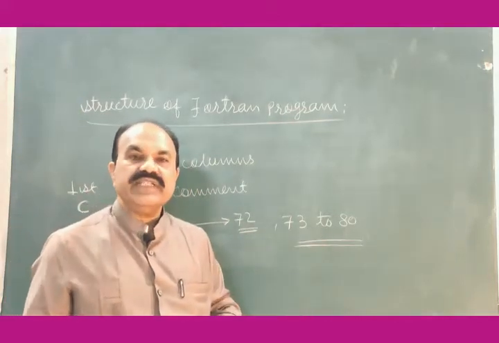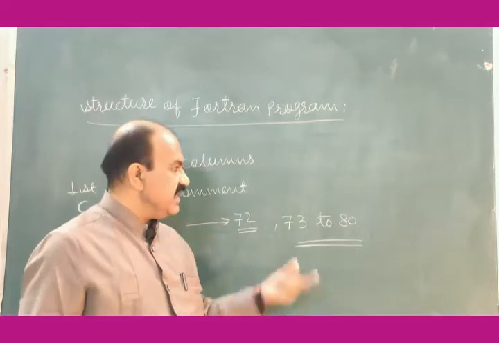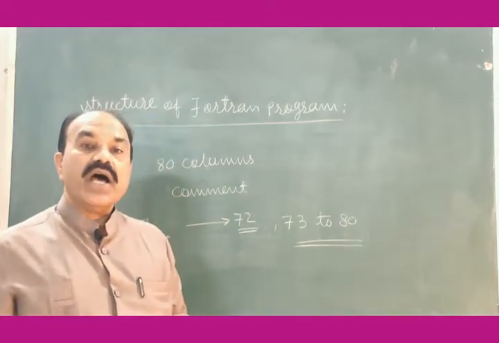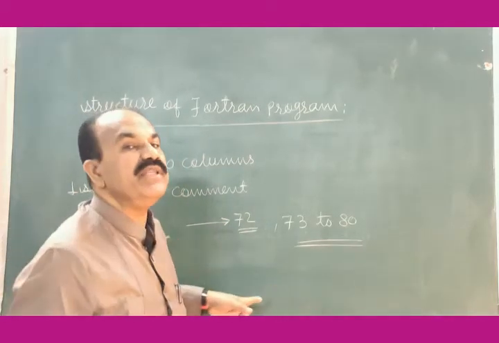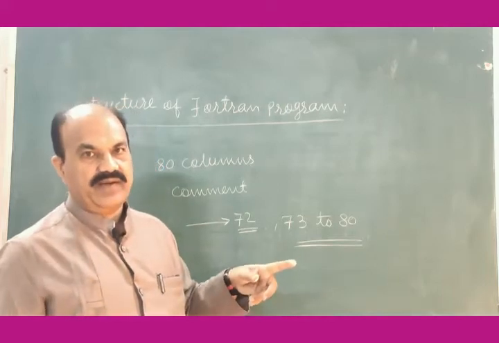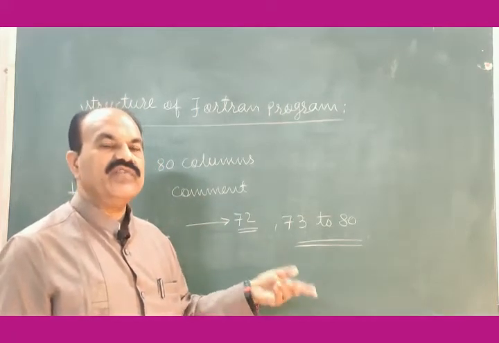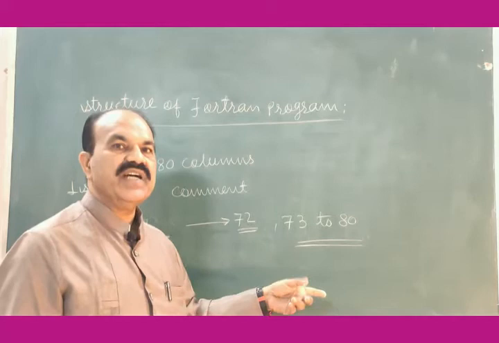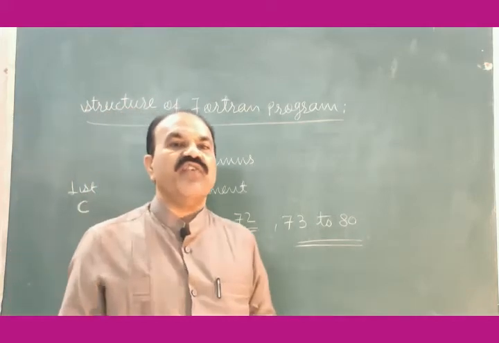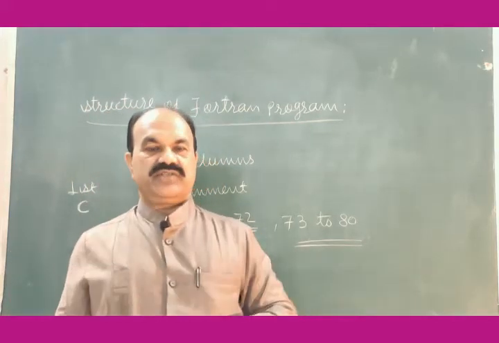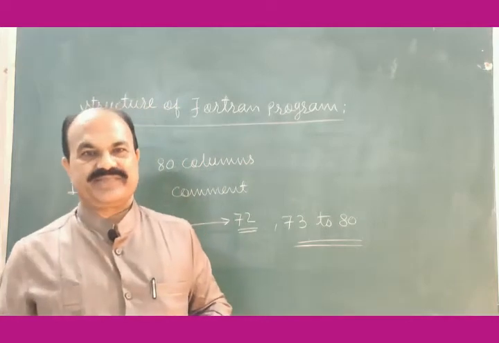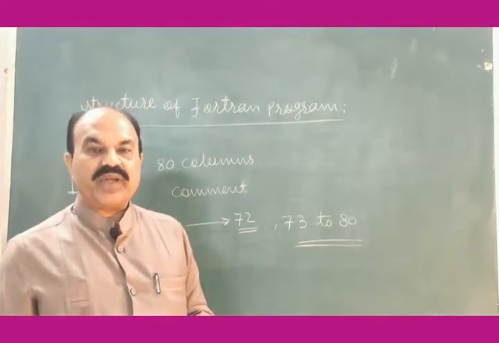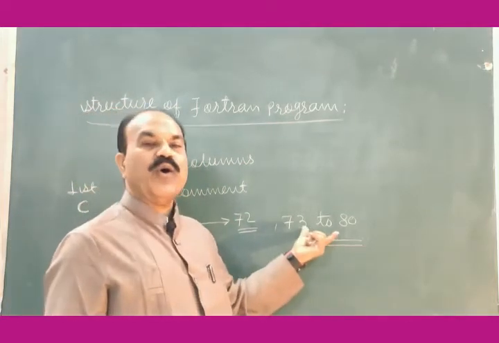Column numbers 73 to 80 on every line of the coding sheet are left for the user, the programmer. The programmer can write comments.